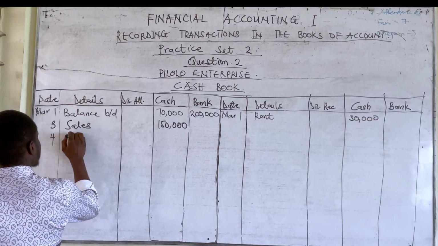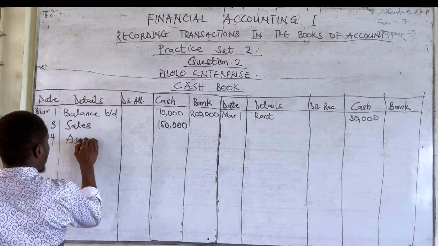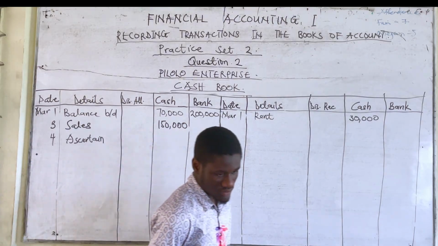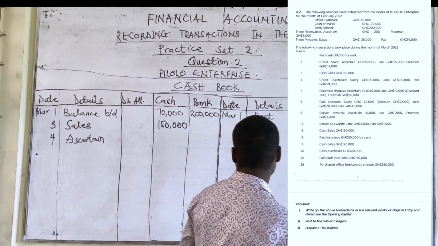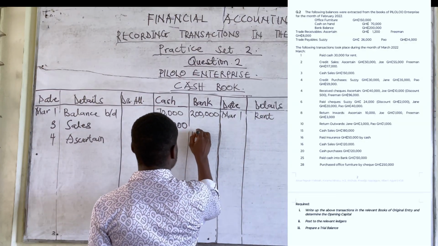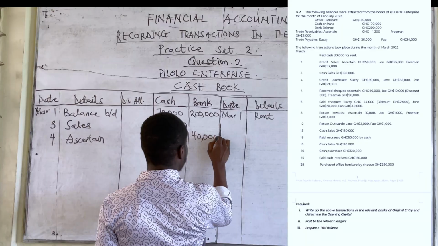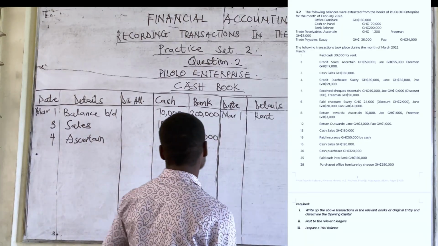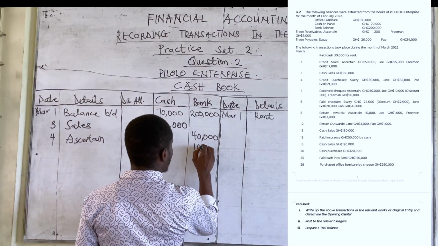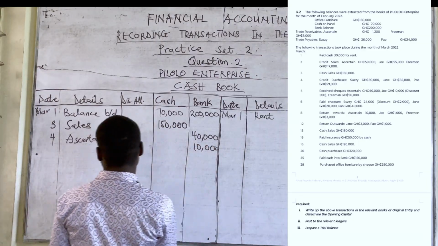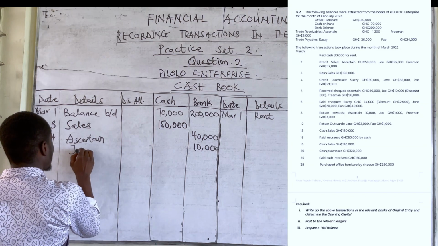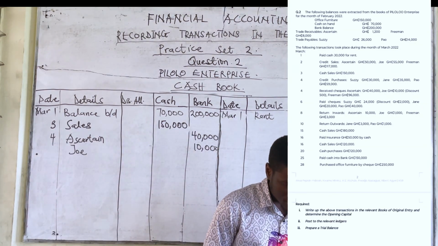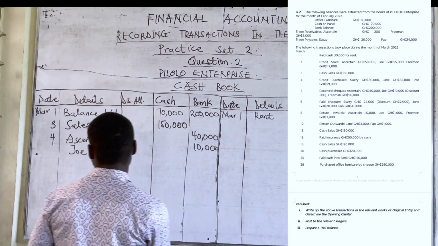So we are going to write Ascertain. Ascertain was 40,000. It was a check, so we record at the bank 40,000. And Joe was 10,000. Then Freeman was 96,000.